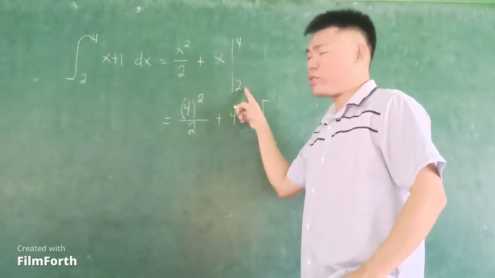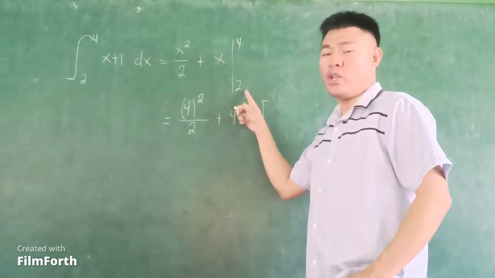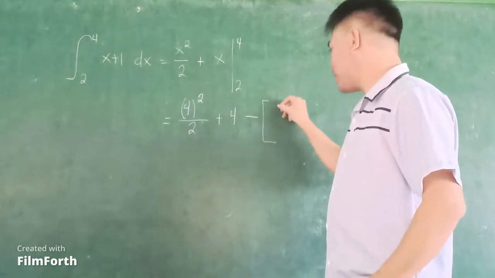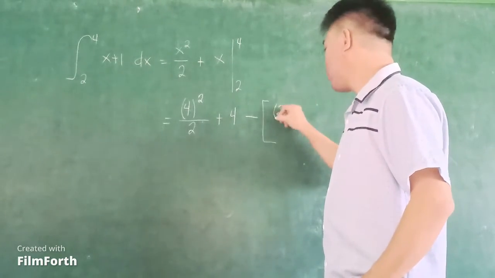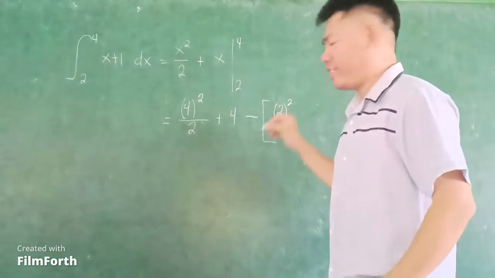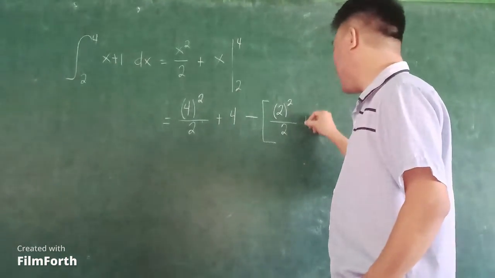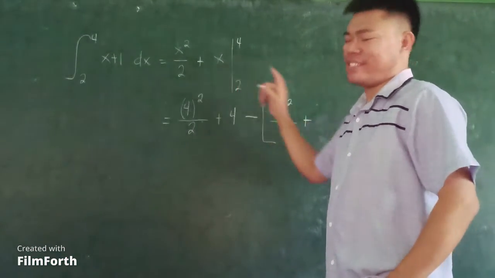We're going to substitute the lower limit to our expression. So it becomes 2 squared over 2, then plus x is 2.